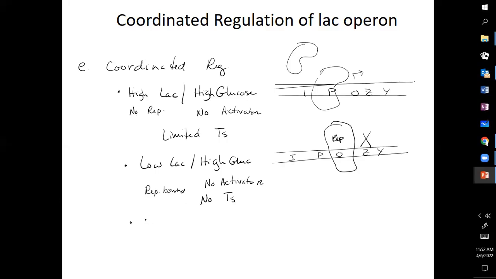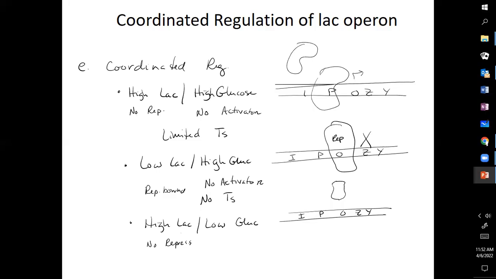What else do we have? How about a high lactose, low glucose condition? High lactose, do we have repressor bound? Nope, repressor is not going to be bound. So no repressor.